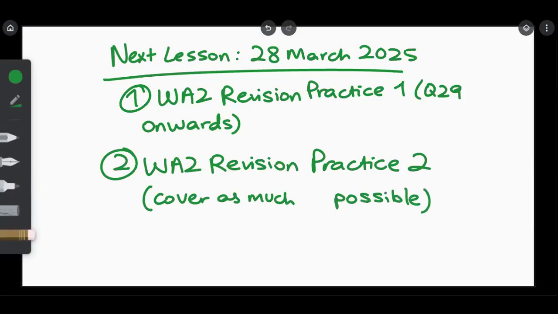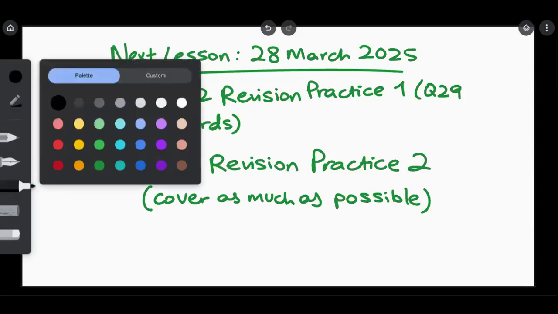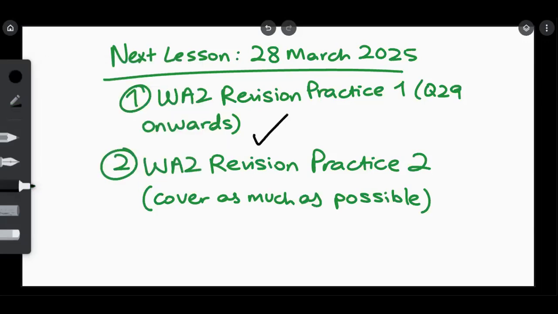We'll try to cover as much as possible from practice 2. Alright, so this will be what we will cover next week. We will definitely finish practice 1.